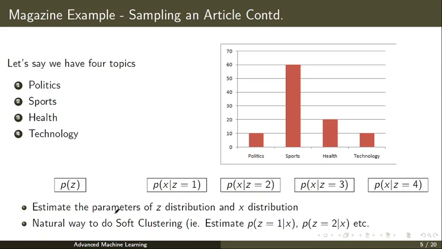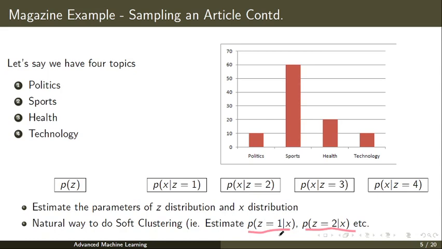And this actually enables us to do soft clustering as well. For example, you calculate this in the opposite way, that is, what is the probability that you have chosen z equal to 1 for a particular x, for a particular article: probability of z equal to 1 given x, probability of z equal to 2 given x, etc. Given an article, what is the probability that it belongs to the first category, the second category, etc. So it forms a natural way to do clustering.